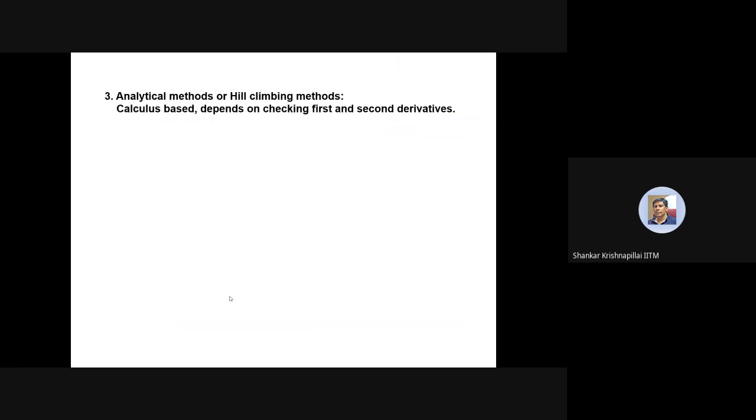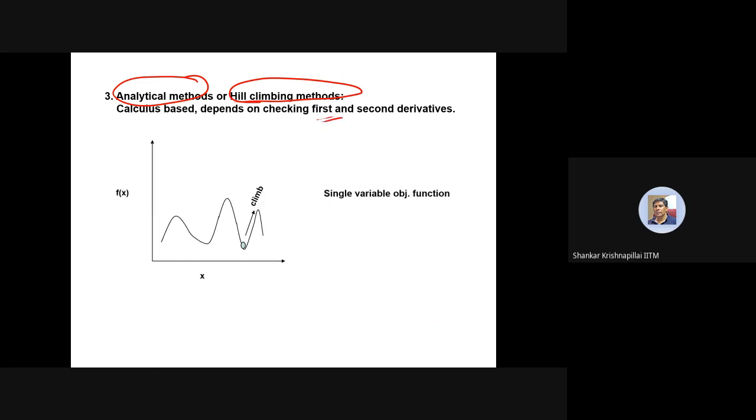Then another method is the hill climbing method, or calculus based method, or analytical method. This depends on checking first and second derivatives. Suppose this is your objective function, and the user has to pick a starting point, suppose here.